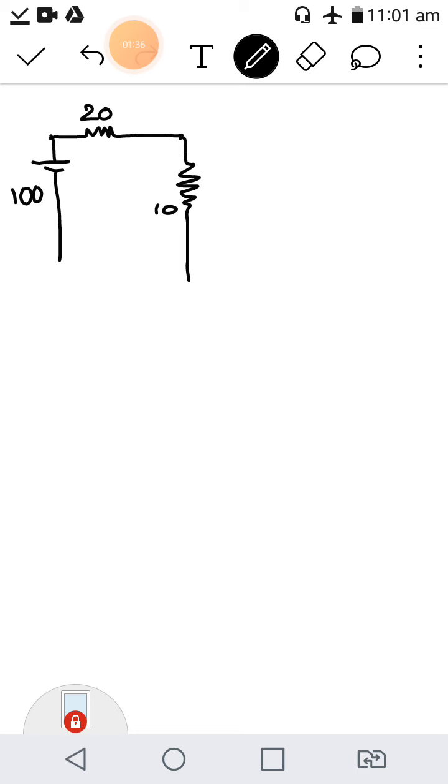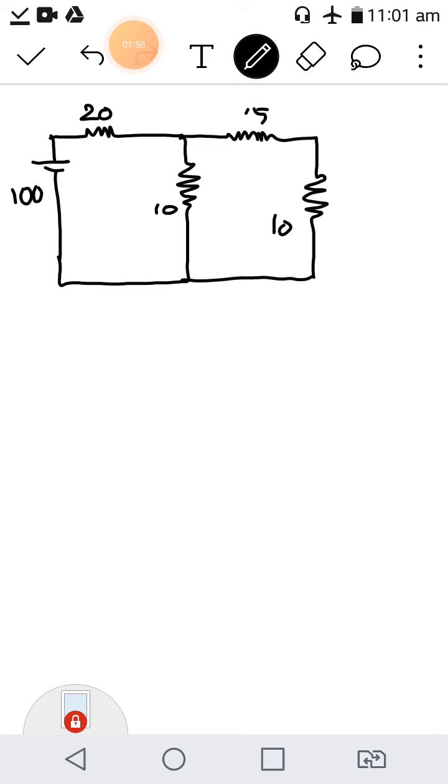I am going to draw a network. 100 volt battery, 20 ohm resistor, 10 ohm, 15 ohm resistor, again a 10 ohm resistor, here also 10 ohm, and here is a battery with negative here and positive here.